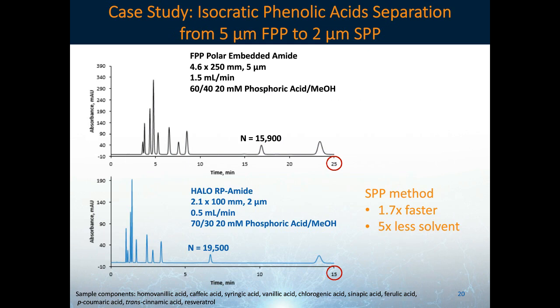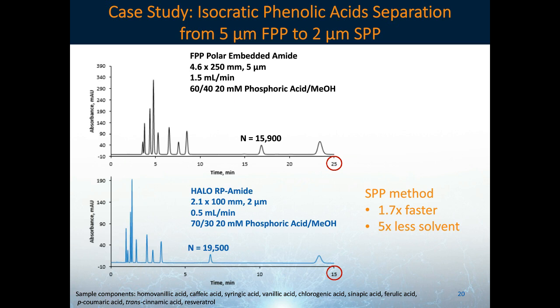This case study looks at an isocratic phenolic acid separation going from 5 micron FPP to 2 micron SPP. So the top chromatogram is run on a 5 micron 4.6 by 250 millimeter FPP column, and you can see the total runtime is about 25 minutes. When we go to the 2.1 by 100 millimeter 2 micron Halo SPP column, we're able to get the separation complete in 15 minutes.